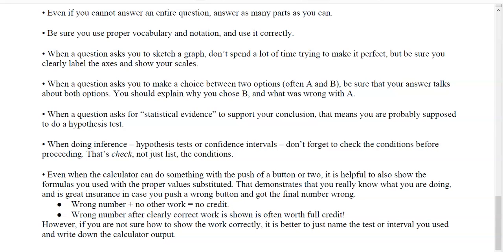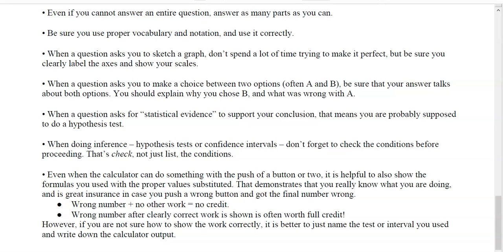Now, what about inference tests and those long, complicated formulas for finding standard deviation and doing all that? That's a different story, and I'll get to that in another video, but the general rule is, if you're sure you know the formula and you can write it out correctly, do it.